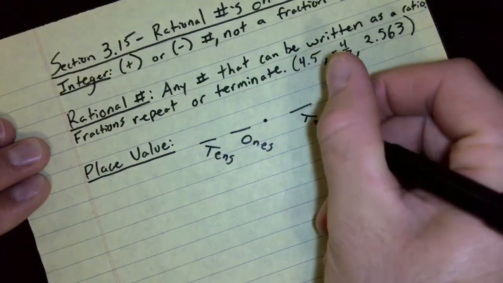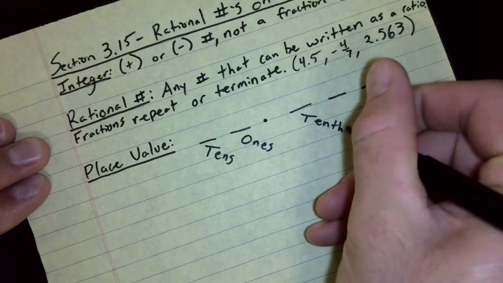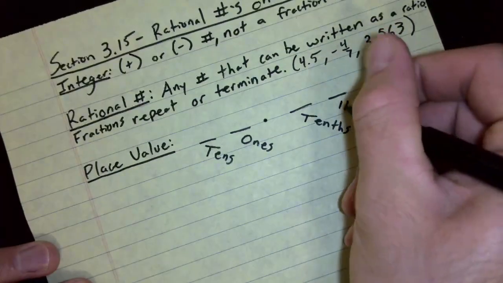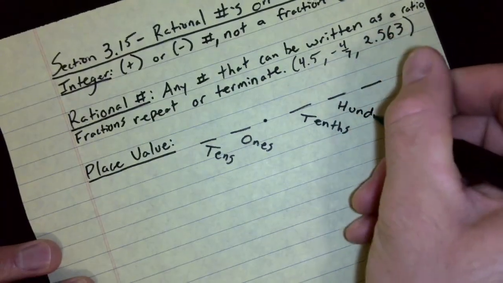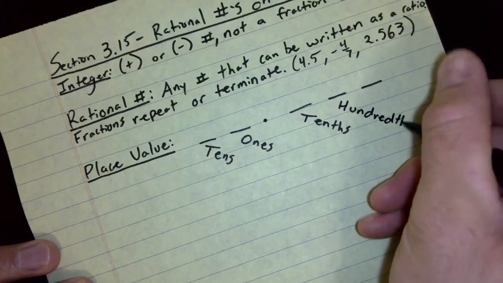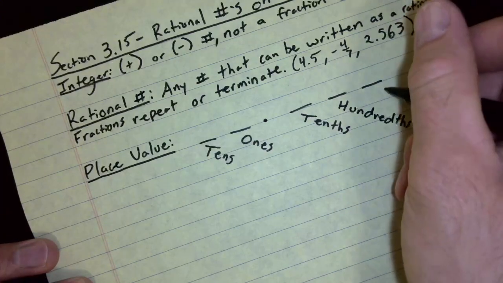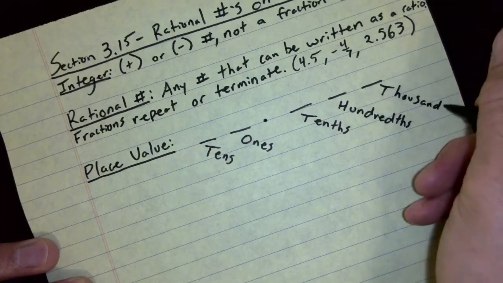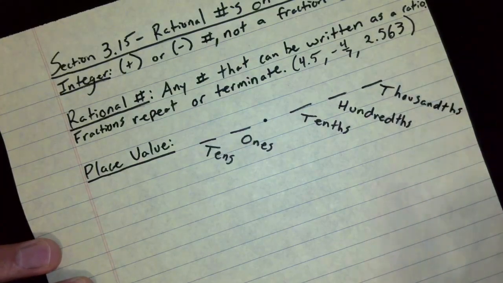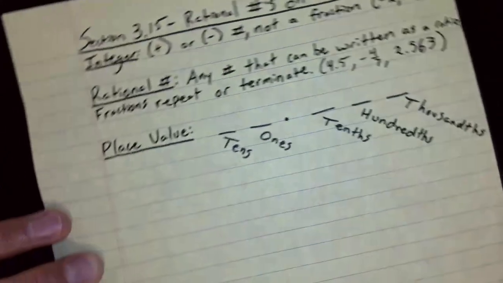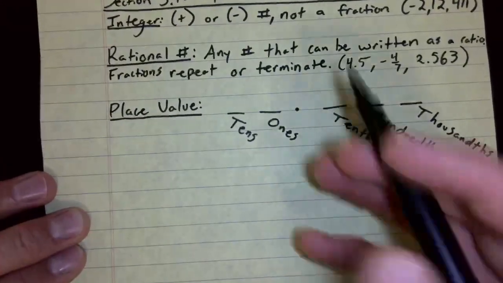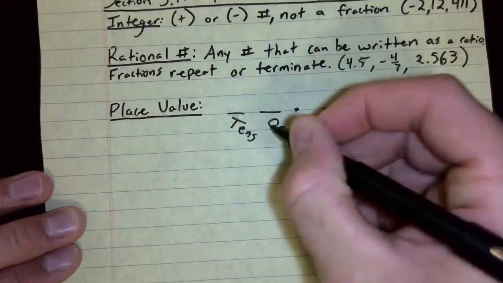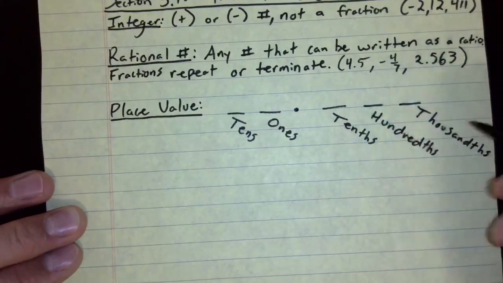This is your tenths. This is your hundredths. And this is your thousandths. Okay? So these are the place values that we'll be looking at today. So when you look at your place value, you have your decimal point, tens, ones, tenths, hundredths, thousandths.